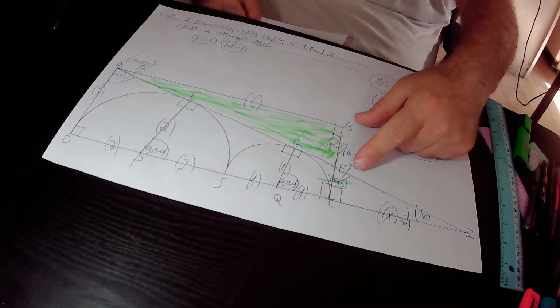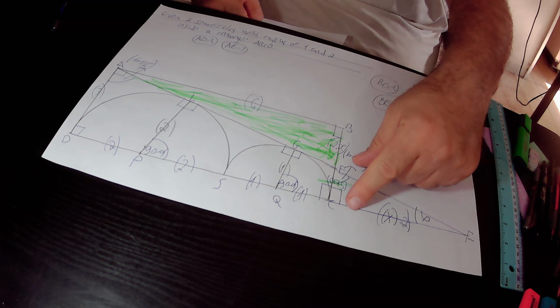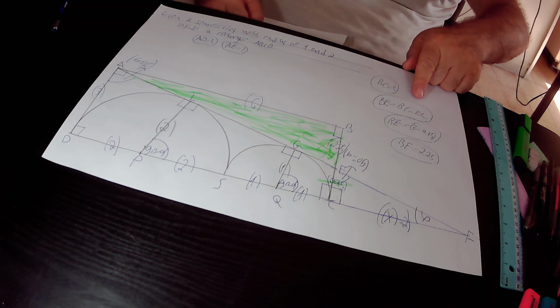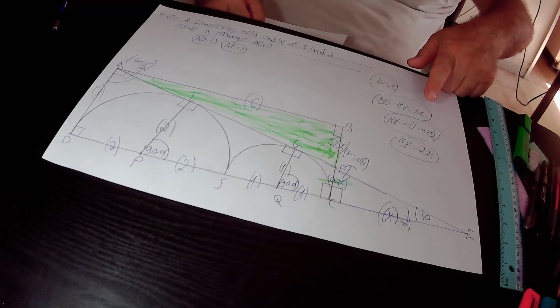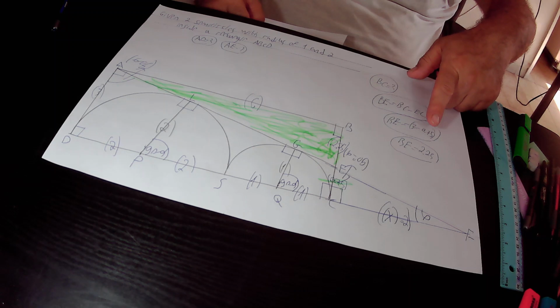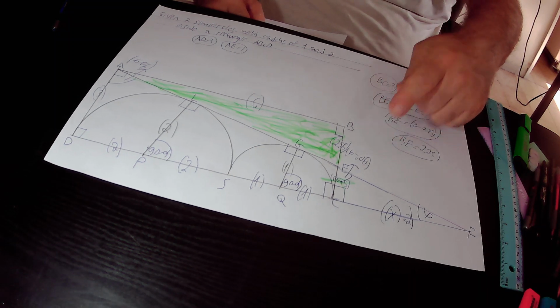So what is the length of the missing side BE? BE equals BC minus EC. So BE equals BC, that is 3, minus EC, that is 0.75. So BE equals 3 minus 0.75, that is 2.25. So BE equals 2.25 units in length.